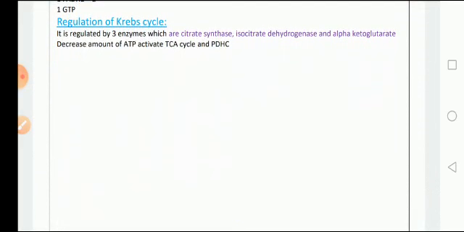The regulation is going to affect my cycle, affect ATP synthesis.